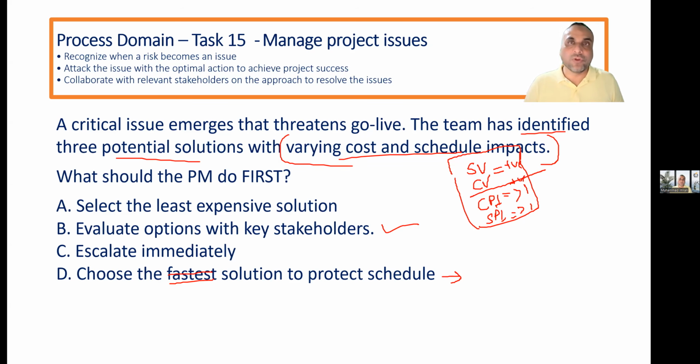Schedule compression techniques: crashing or fast tracking. So if my CPI is greater than 1, then I will go with crashing. If it is less than 1, or equal to 1, then I will go with fast tracking. Perfect.